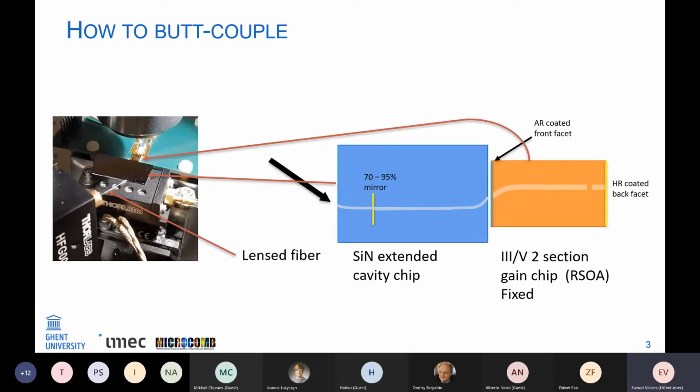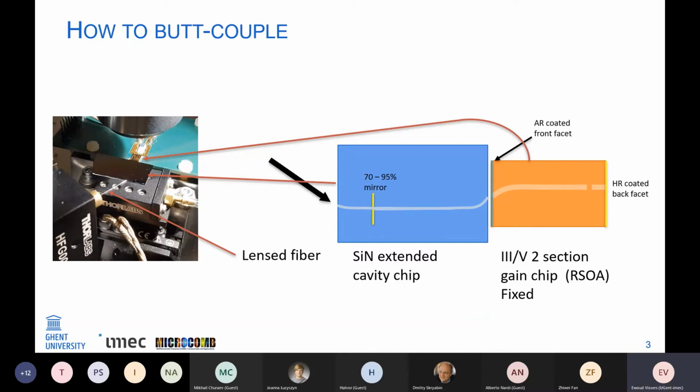And the way I'm going to do this is by using bot coupling, where we have 2 different chips: the gain chip, or reflective semiconductor optical amplifier, in orange in this case, and then an extended cavity that's built on a silicon nitride chip, in blue.